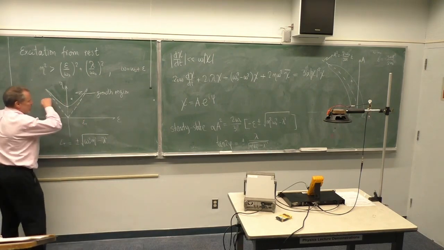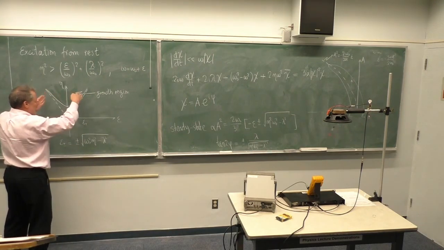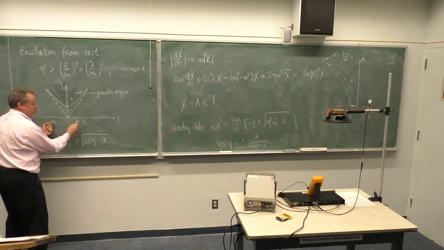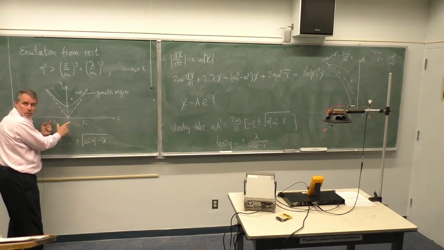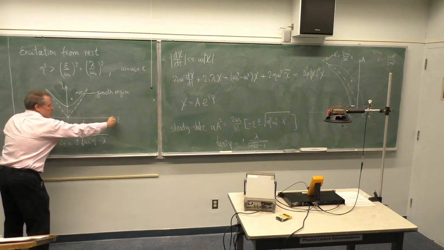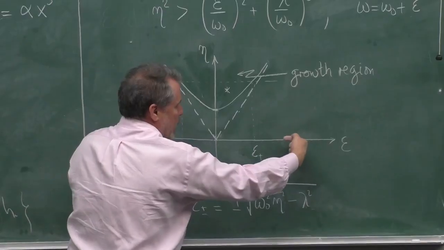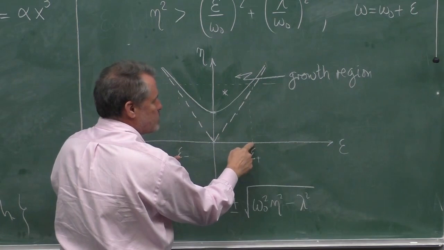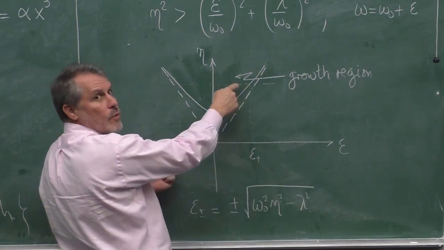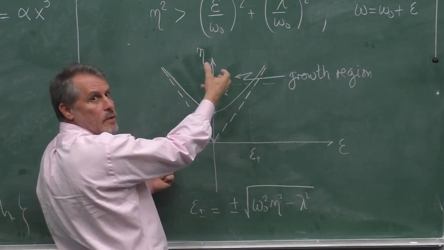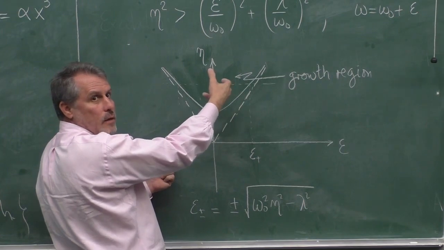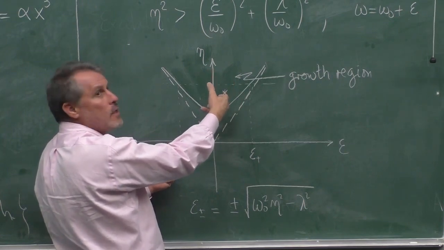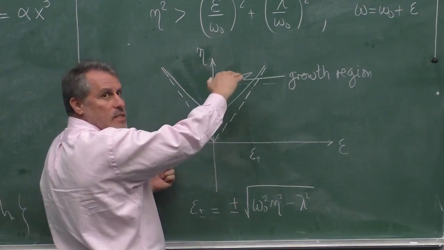It is for a given drive amplitude that defines the region epsilon minus to epsilon plus. So I was coming from here. I was not inside the growth region coming out here. Once I hit this spot, I reach the growth region. The pendulum can now be excited from rest and then reach a steady state.